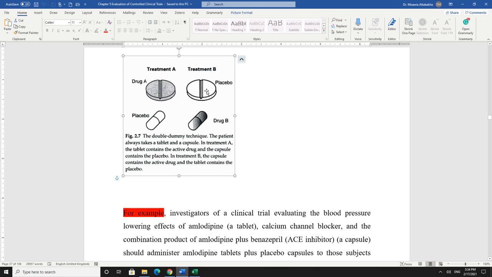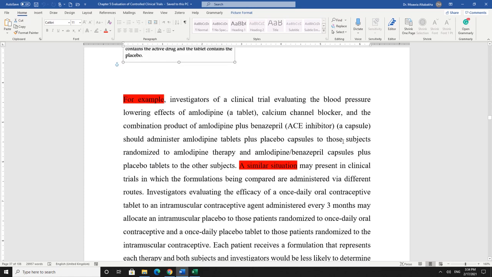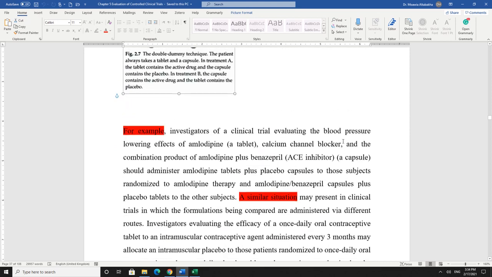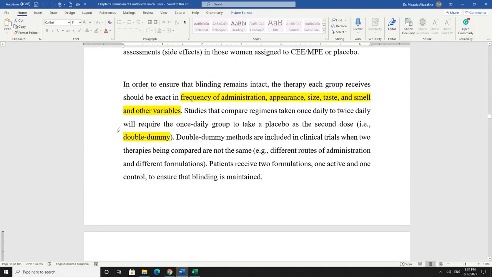Look, in this one I gave a dummy, and in this one I gave a dummy. It's a method included in clinical trials when two therapies being compared are not the same. Maybe different routes of administration, different dosage forms or formulations, etc.